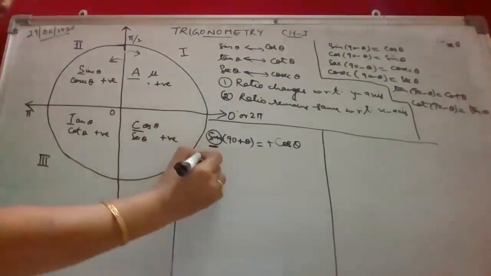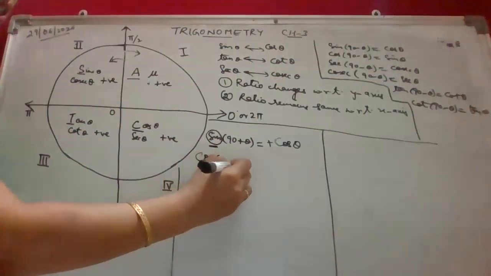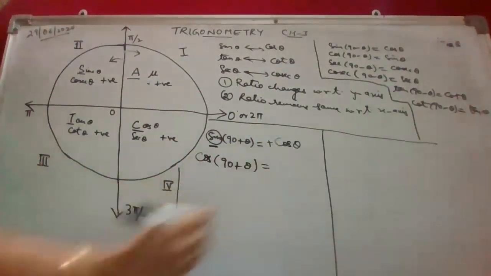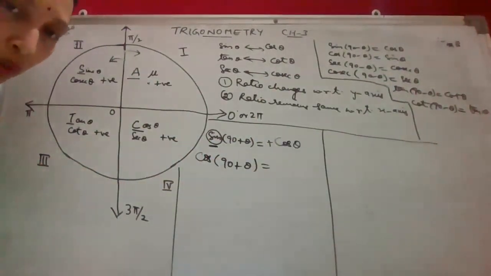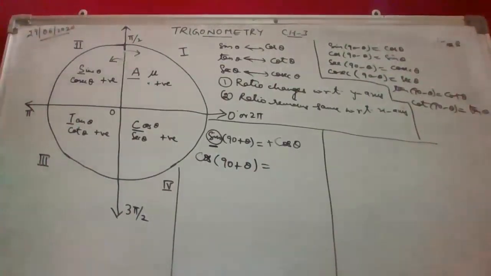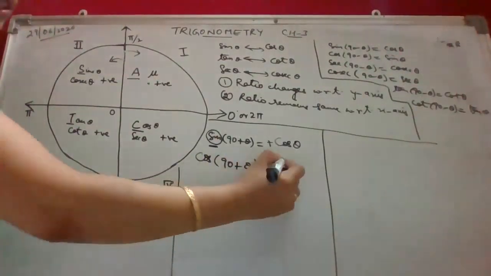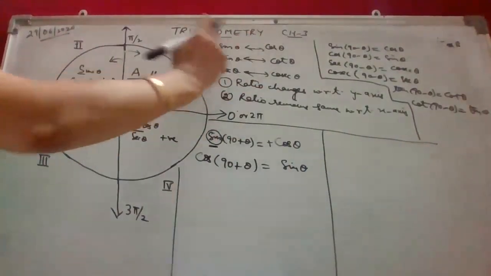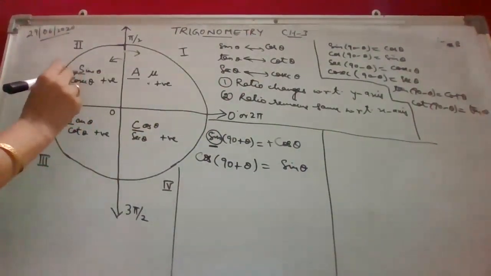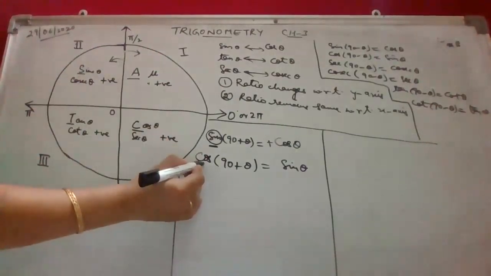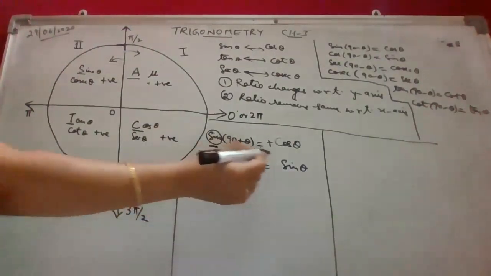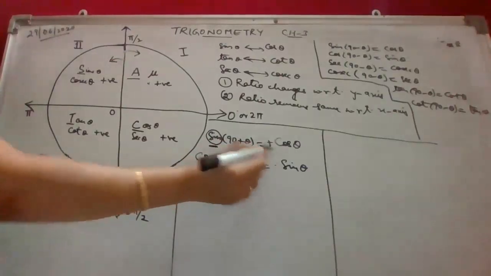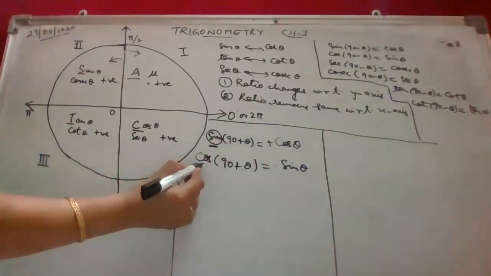If I want to find out cos 90 plus theta, because it is 90 plus, the ratio will change to sin theta. Okay, cos changes to sin. But in the second quadrant, cos theta is negative. We always have to apply the sign here with respect to this ratio on the left hand side.